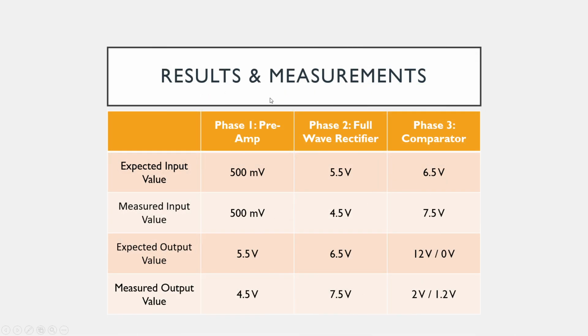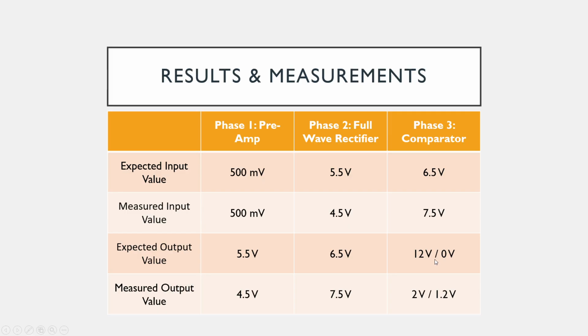And here's just a table of our results and measurements to put it into better view. You can see that our expected output is different than the measured output. And despite the measured output from the preamp being lower than we were expecting, the measured output value of the full wave rectifier was actually a little bit higher, which meant that we had to change our threshold voltage a little bit.